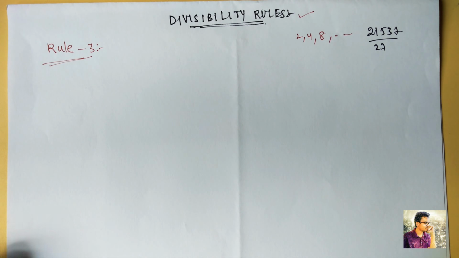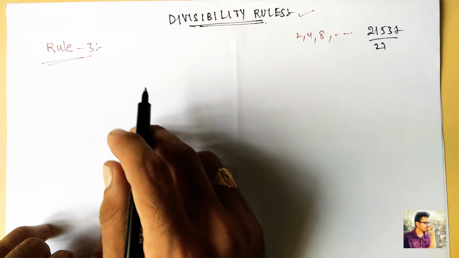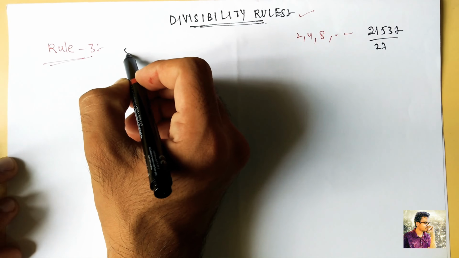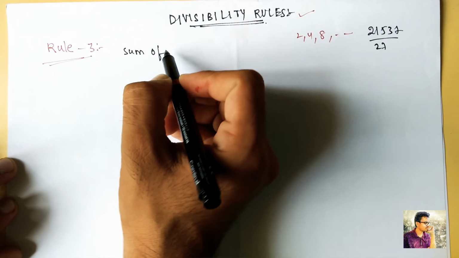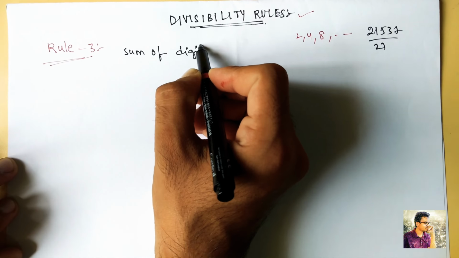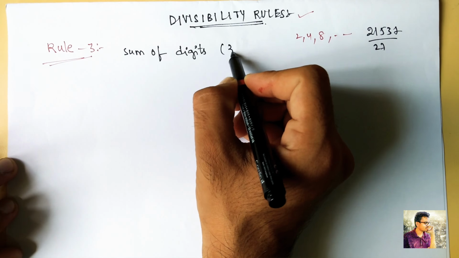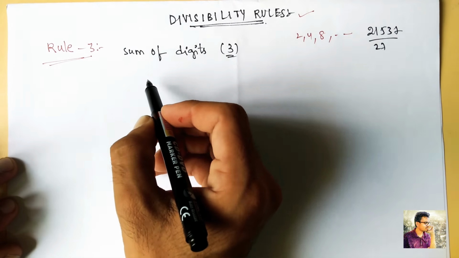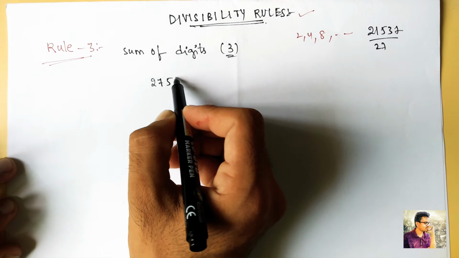So let's check the divisibility rule for 3. It is very simple: if the sum of the digits of a number is divisible by 3, then the number is divisible by 3. Sum of digits should be divisible by 3. Let's take an example to illustrate this: 2751.